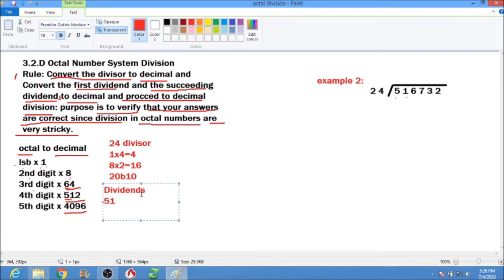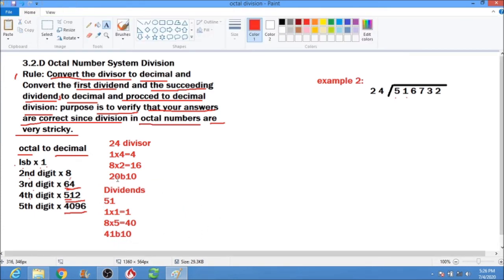So 51 meaning 1 times 1 is equal to 1, and then 8 times 5 is equal to 40, and 40 plus 1 is 41 base 10. Meaning 51 divided by 24 is simply 41 divided by 20. Of course, 41 divided by 20, the answer is 2.